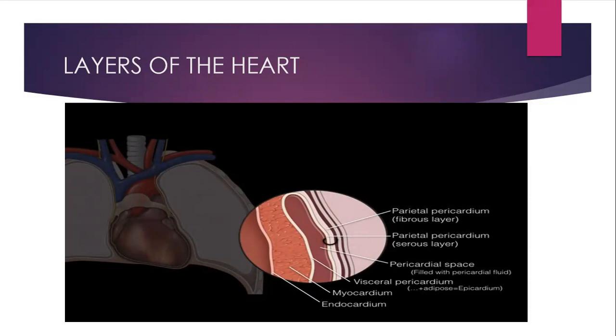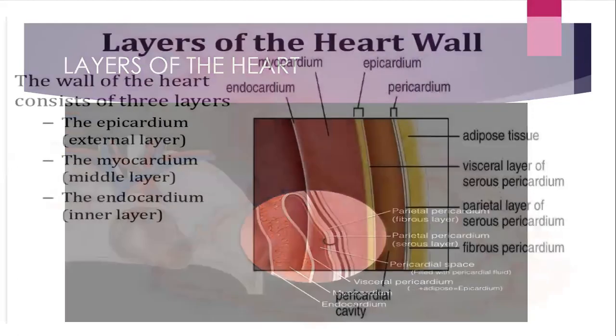You can see the pericardium, the fibrous tissues, and the pericardial space, which is filled with pericardial fluid. This is where pericardial effusion takes place. You have the visceral pericardium, which has adipose tissue, plus the epicardium, myocardium, and endocardium on the muscles of the heart. Okay.